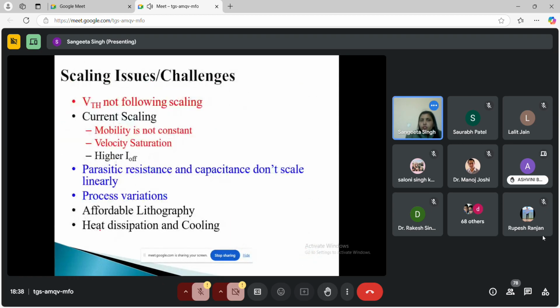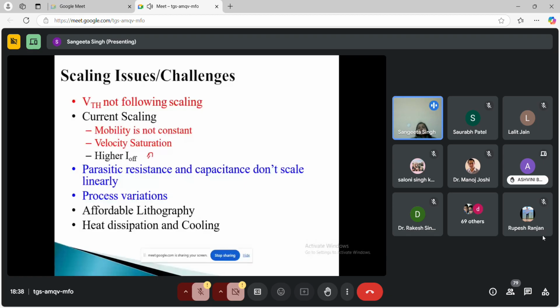Okay. So what are the things? VTH is no more following scaling. Your mobility is not at all constant. Your drift velocity is also getting saturated at the VSAT value. Your IOFF is also increasing, and this is what you have learned in those simulation exercises.